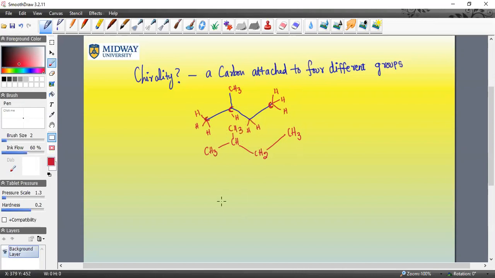So what if we draw a different one? I'm just recapping, I'm not teaching you something new. This is still part of the old material. What if I have something like this? As I said, these are all carbons, and any terminal carbon is always a CH3. So that's a CH3. This is also a CH3. This is a CH2.